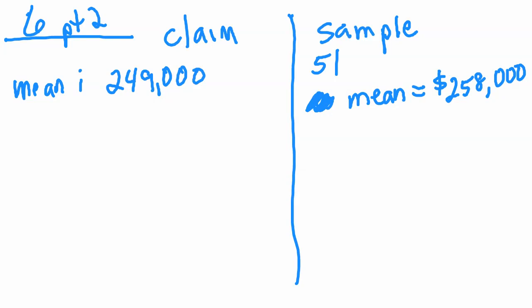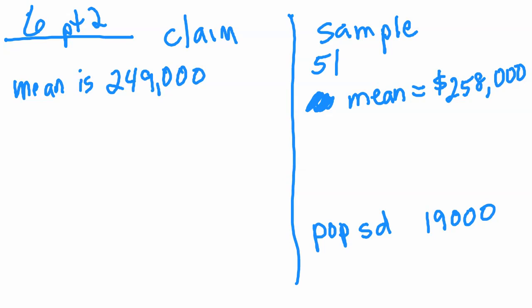I'll just say mean is 249. That's their claim. The population standard deviation was 19,000. So I'll just write that down here. Population standard deviation, 19,000. So notice when I do one of these problems, I'm going to write all the information down and then decide how to use it.